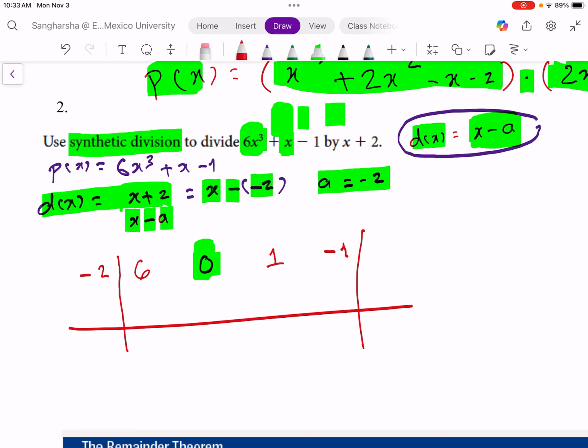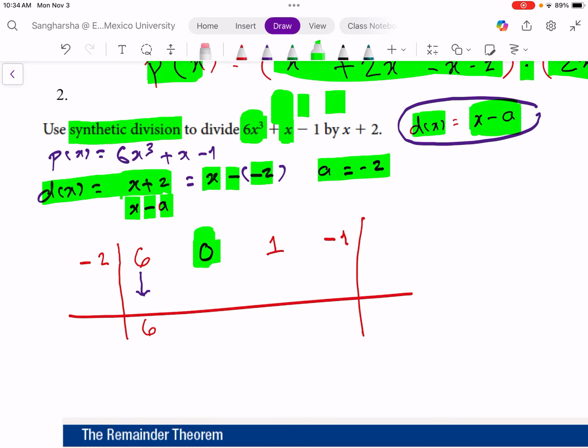Now the very first step of dividing is we drop the first coefficient. The first coefficient is 6, we drop this 6 as it is. Every time you drop the first coefficient as it is. Now you multiply this dropped coefficient with your a, which is -2. So 6 times -2 is -12, and write that down below the next coefficient.